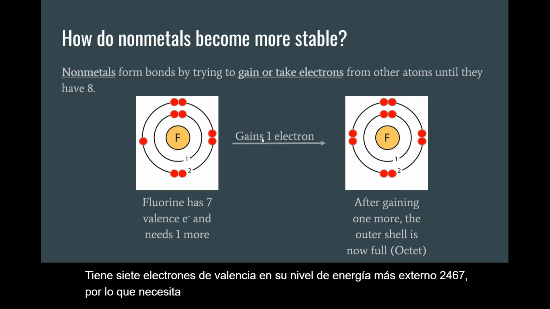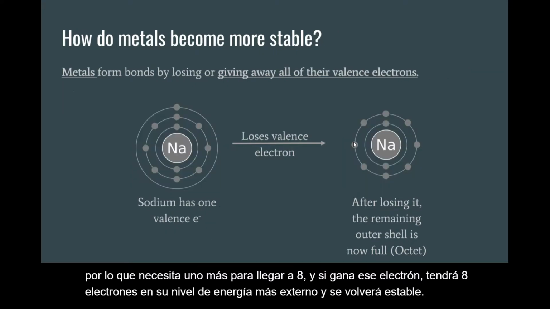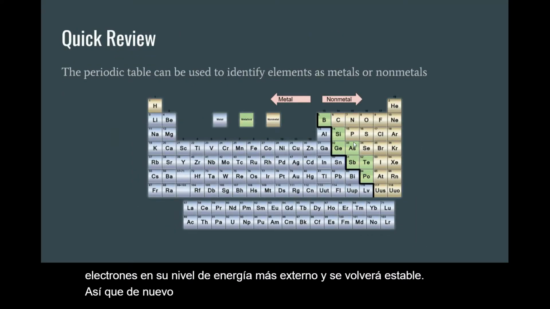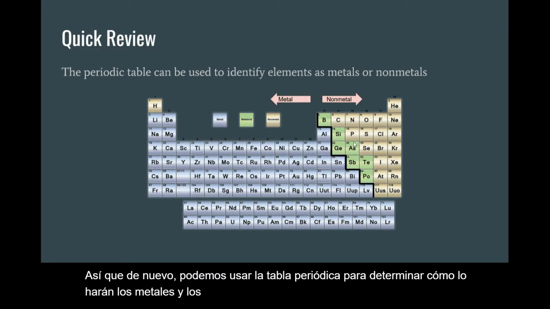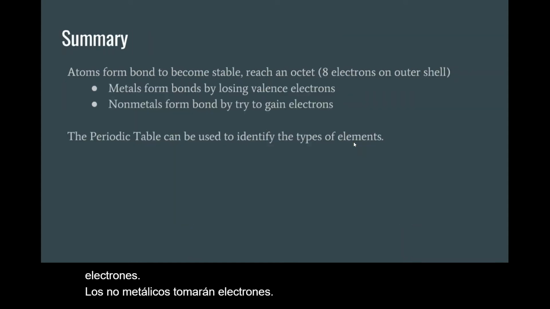And if it gains that one electron, it will have 8 electrons in its outermost energy level, and it will become stable. So again, we can use the periodic table to determine how metals and nonmetals will behave. Metals will give away their electrons. Nonmetals will take electrons.